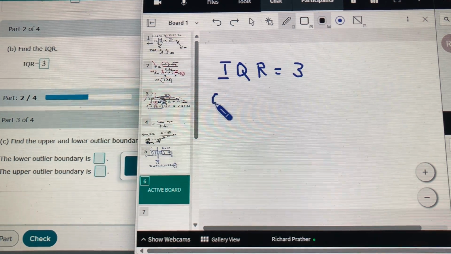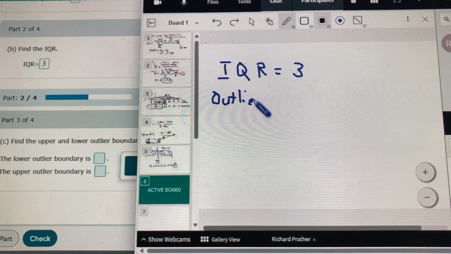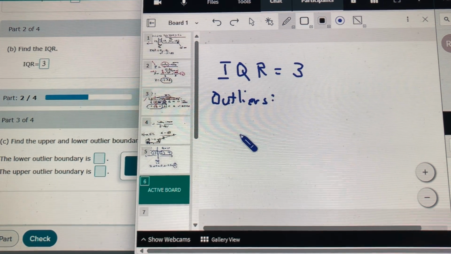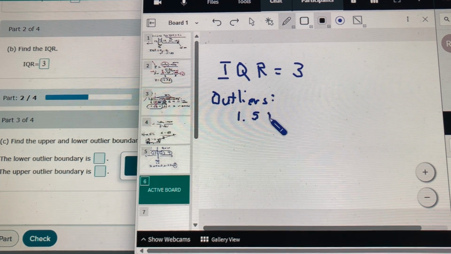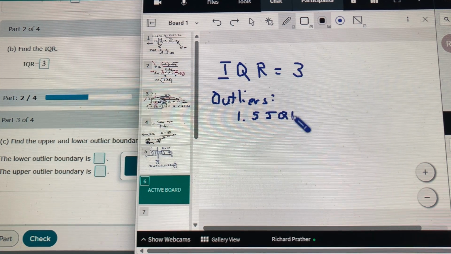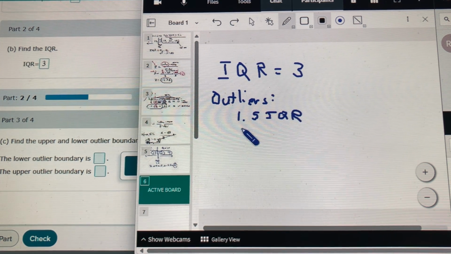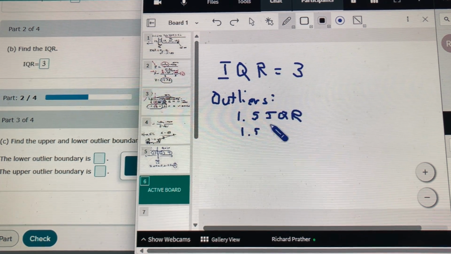If they want to know about outliers, you're going to do another step to this IQR. Take the IQR and multiply by 1.5. It's a little weird. Why is it 1.5? But that's the rule. You multiply by 1.5. 1.5 times 3 is 4.5.